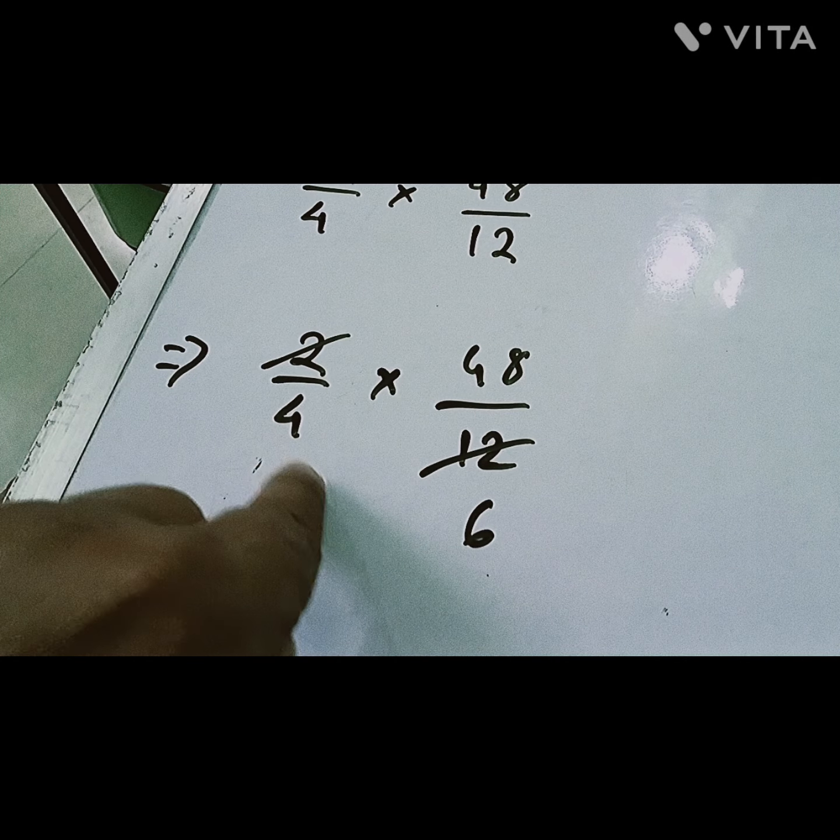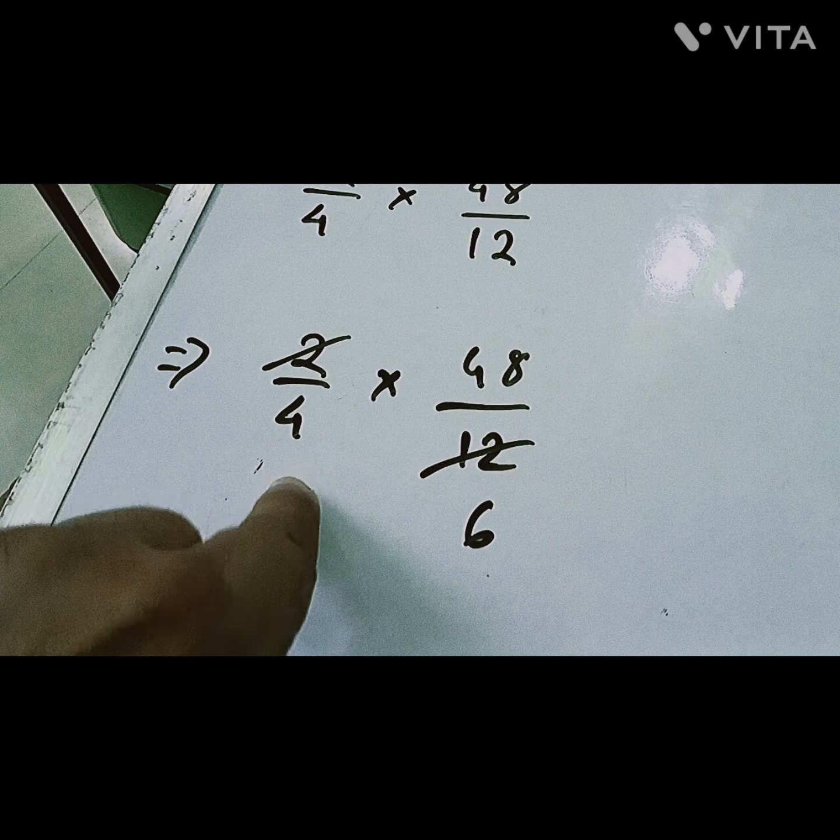Even 4 ones are 4 and 4 twelves are 48. Is it over? No, it is still not over. Vertical. 6 ones are 6, 6 twos are 12. So the answer is 2.